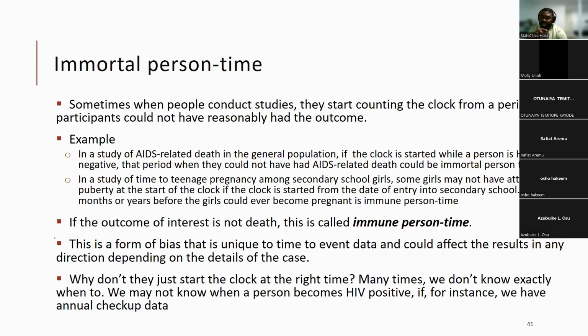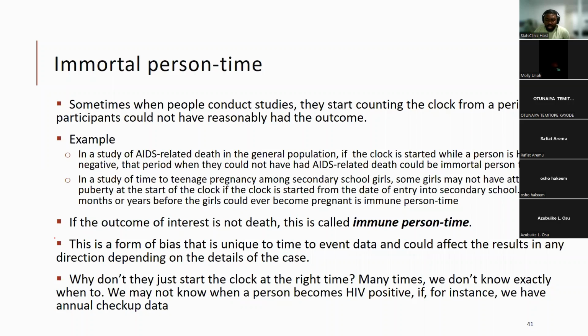So if you remember, we said that sometimes you start the clock of the study from a period when a person could not have had the outcome, right? Like it's unreasonable. So in the example that we just saw, a person can drop out of school anytime. So you can start the study in 2015 and they're in GSS1 and something happens to their parents, God forbid, and they stop coming to school, they drop out, or they might drop out in SS3 or in the 6th class, that kind of thing.